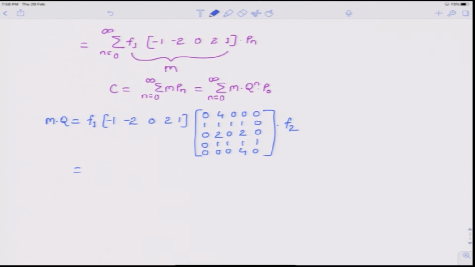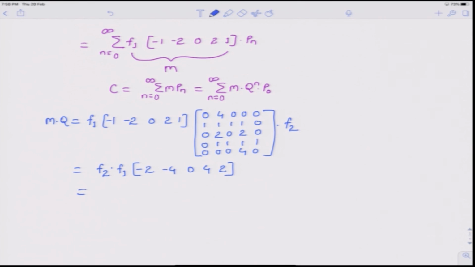So, this should be equal to F2 times F1 times, if we make this multiplication of the two matrices, [-2 -4 0 4 2].